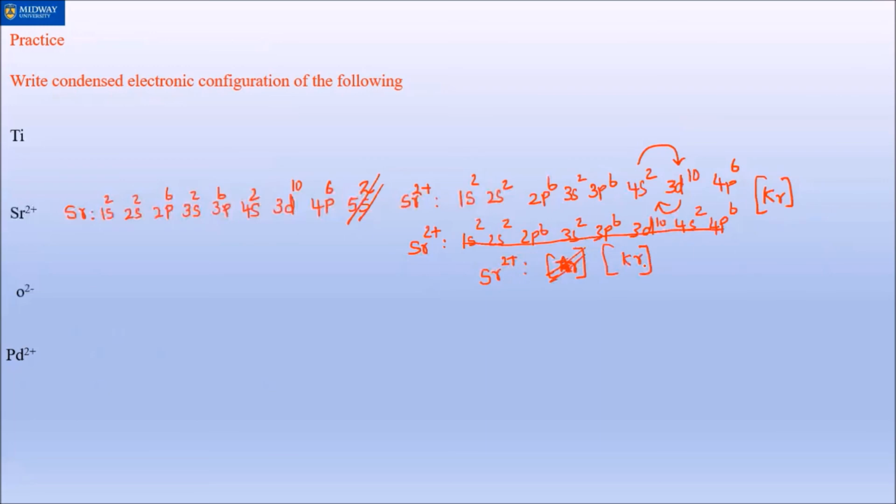Does that make sense? So try these, and then you can ask me questions. This is how you write condensed electronic configuration. Just rule D is an added aspect to your already existing knowledge of how to write electronic configuration. Well, that's condensed electronic configuration for you, and I'll see you back with boxed electronic configuration.